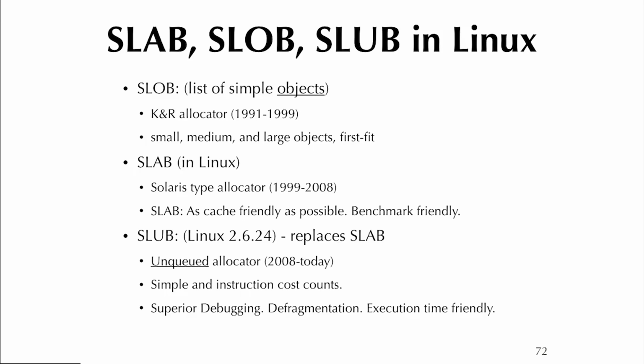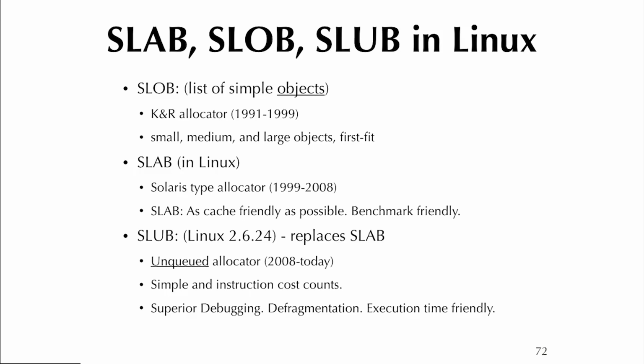Before then, there was something called SLOB, which stands for simple list of objects. They all sound similar. That was used in the Kernighan and Ritchie K&R allocator, for small, medium, and large objects, so it doesn't have as many different varieties. That was the original idea, and SLAB is a more refined version of SLOB.